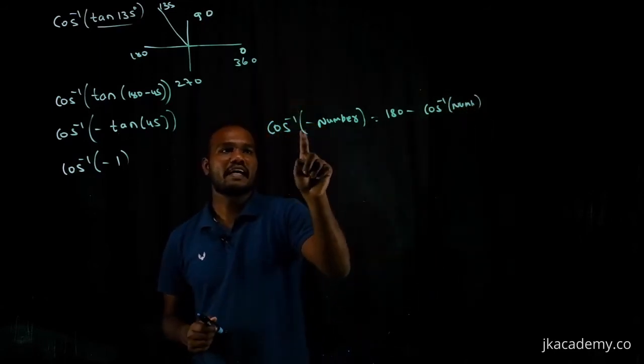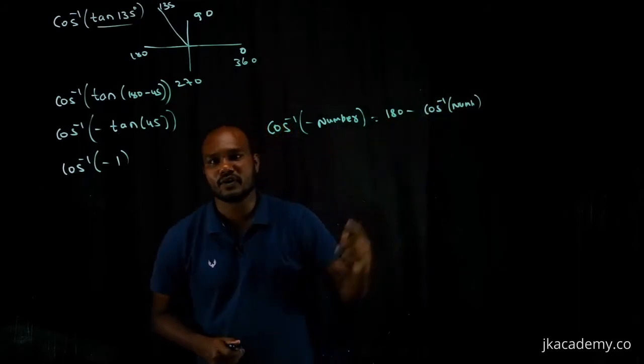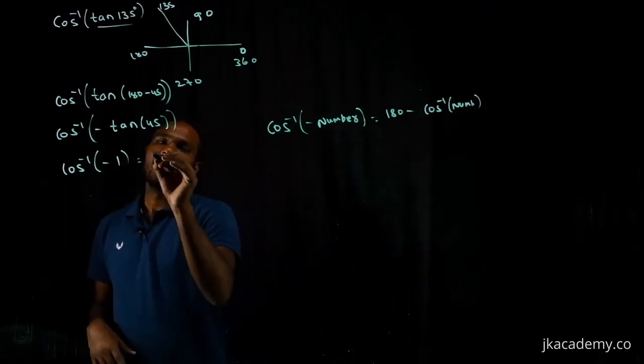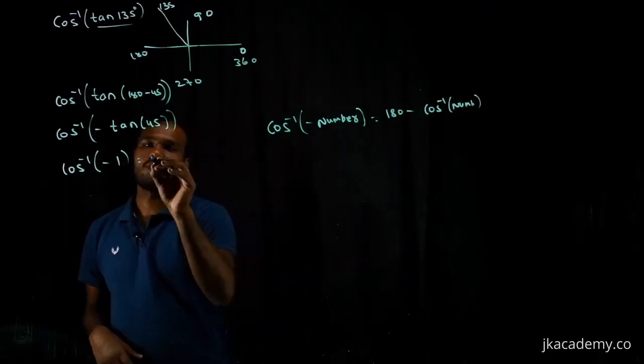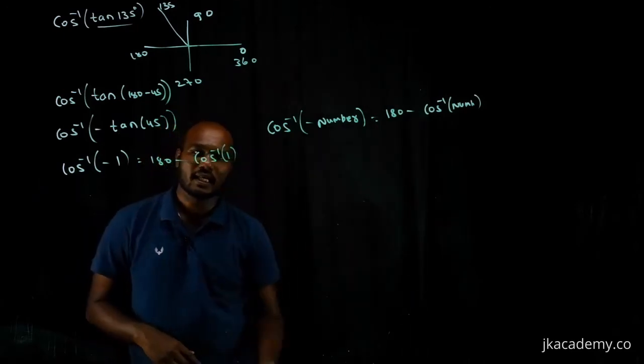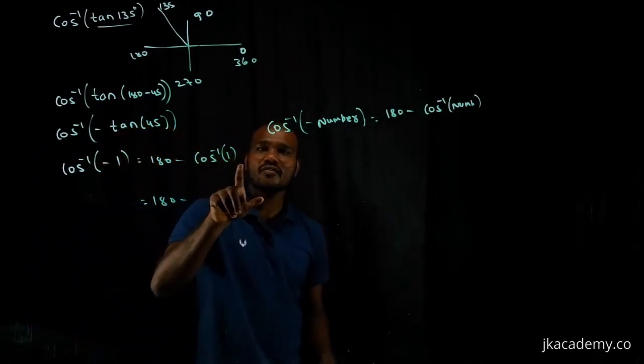Cos inverse of minus number is nothing but 180 degree minus cos inverse of this number. So this is a formula that you need to remember. So cos inverse of minus 1 is what? Pi, or 180, minus cos inverse of 1. So this will become 180 minus cos inverse of 1.